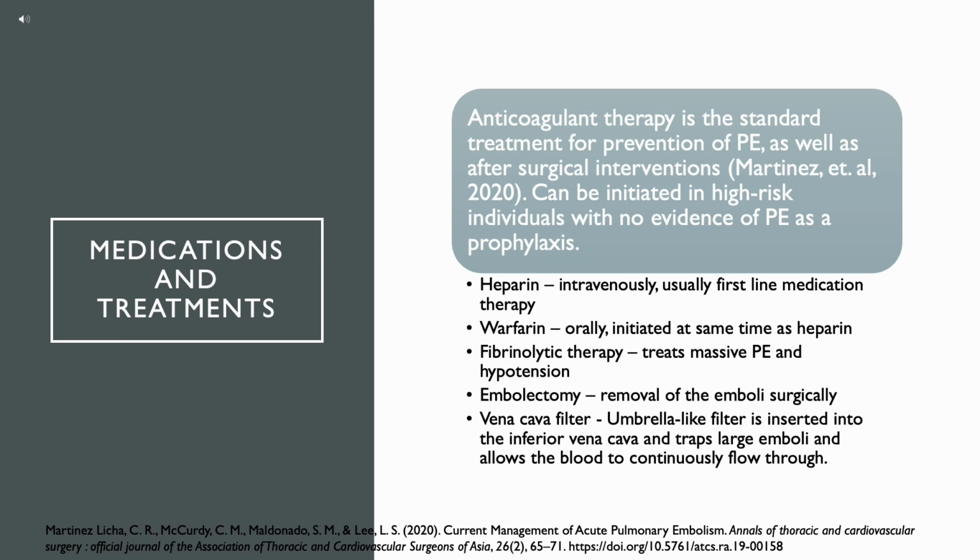So there is that DVT down in a lower extremity or in their body, and so they put that umbrella-like filter in the inferior vena cava, which is before it gets to the smaller vessels in the lungs, and it traps those large emboli, but it's a filter, so it still allows blood to flow through it.